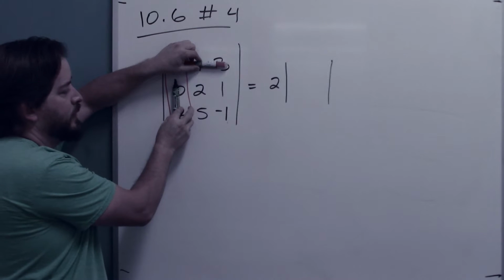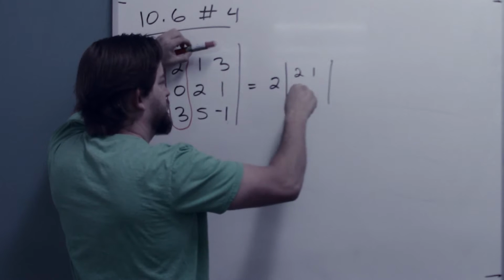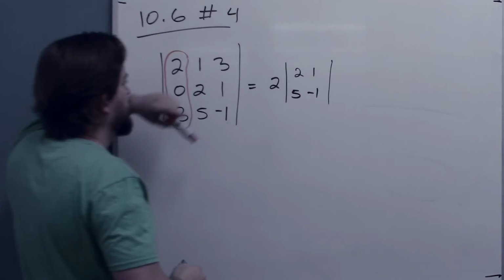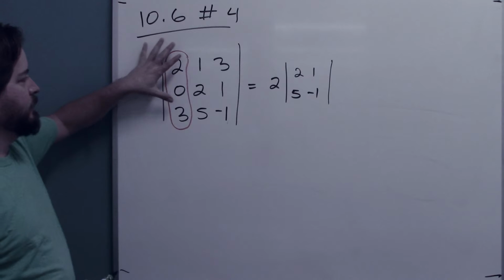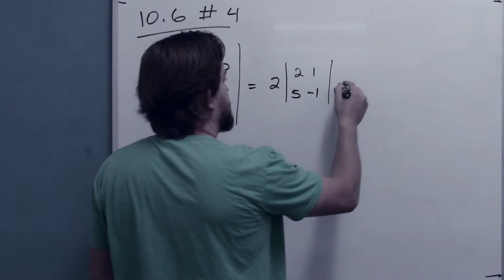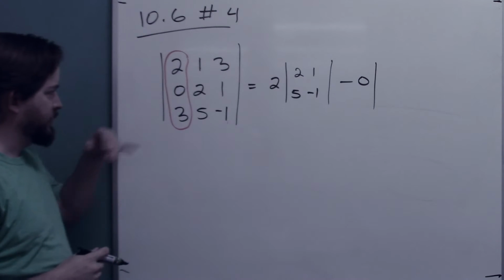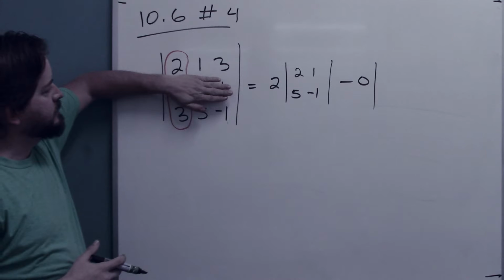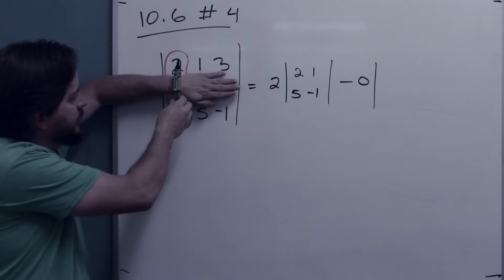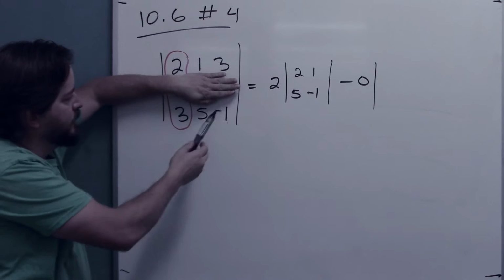So 2, 1, 5, negative 1 goes here. The matrix has a plus minus array, so when I get to the 0, it's minus that 0, but it doesn't matter because it's 0 times something. But just for completeness, we'll write this out. If I take out the row and the column, I'm left with 1, 3, 5, negative 1.